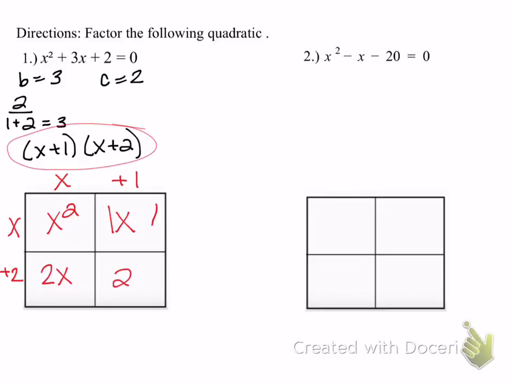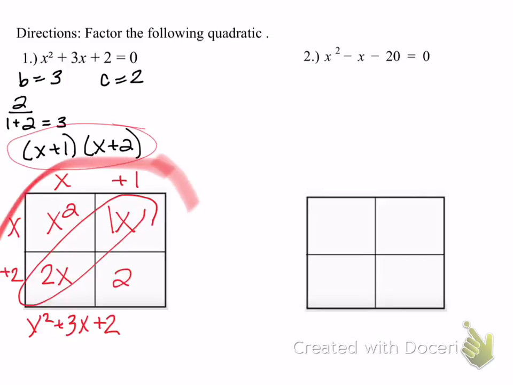We would combine these two and get x squared plus 3x plus 2. This is the work I showed to check my answer, but my answer is these two factors up there. Okay, let's do that process again for number 2.